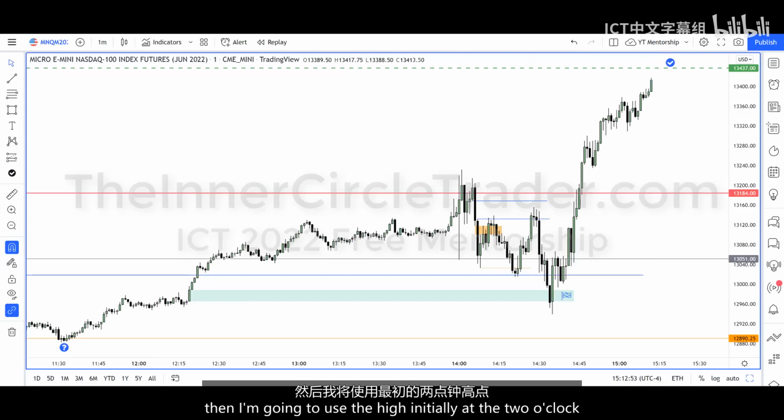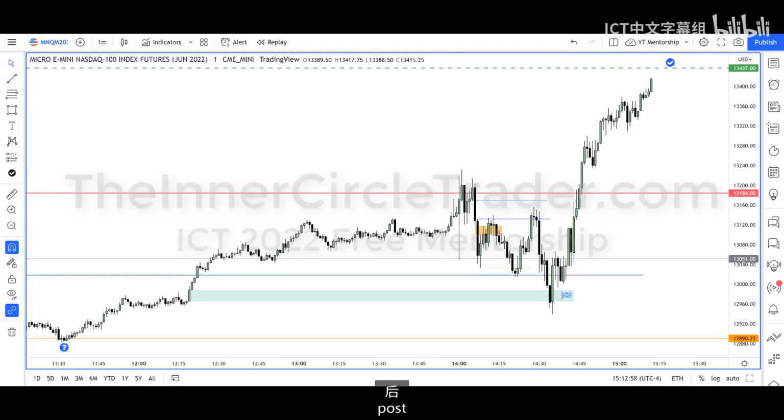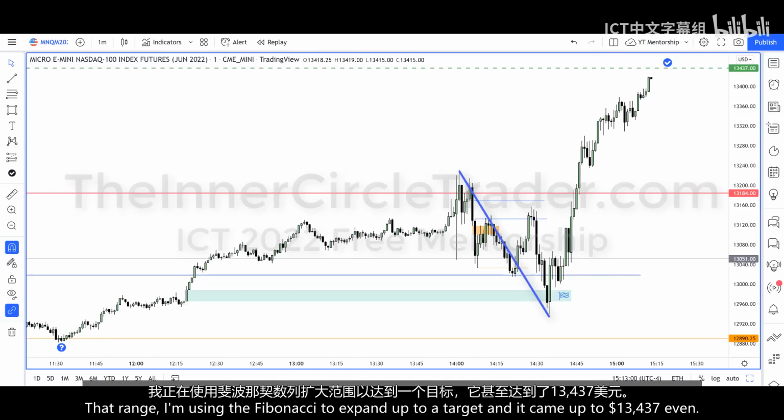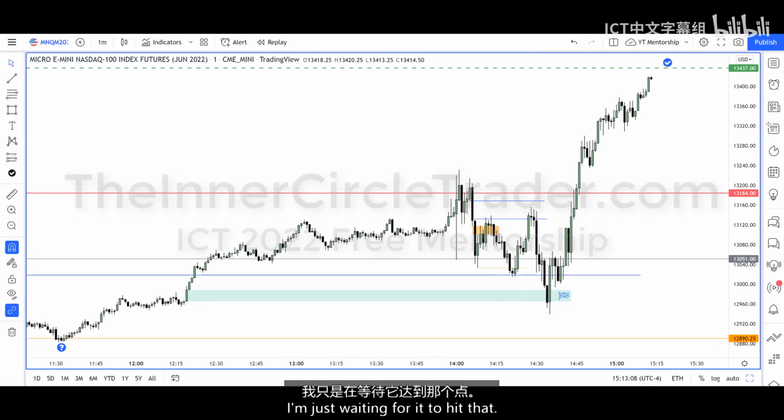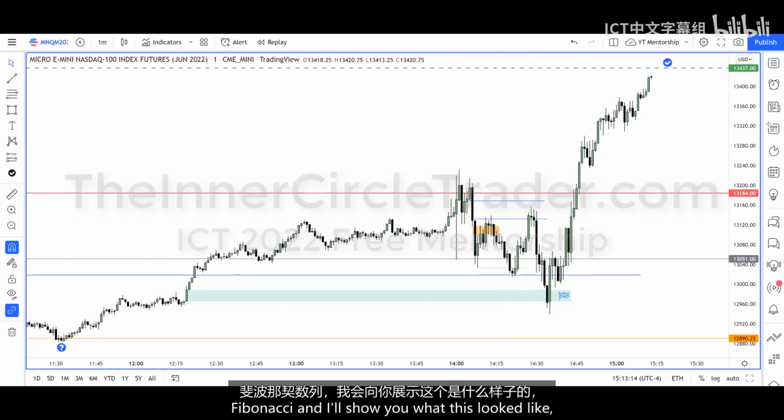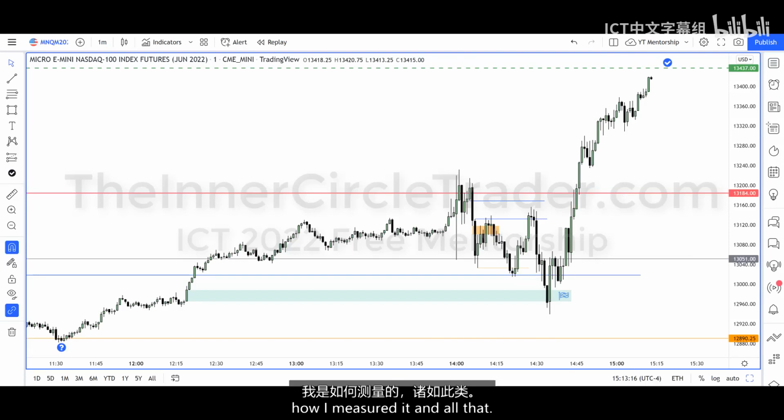Once it trades above that, then I'm going to use the high initially at the 2 o'clock hour down to the low post 2:30. That range I'm using the Fibonacci to expand up to a target, and it came up to 13,437 even. I'm just waiting for it to hit that, and then once it does, I'll go into the Fibonacci and show you what this looked like and how I measured it.